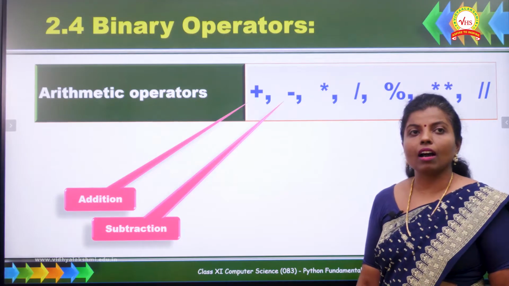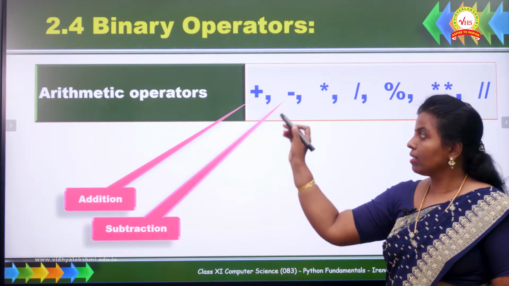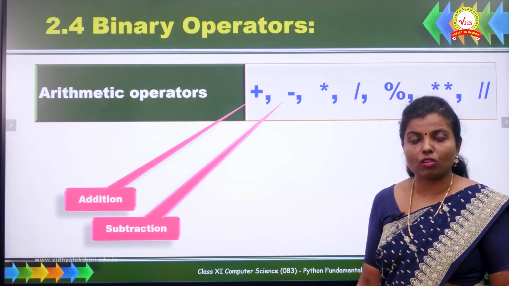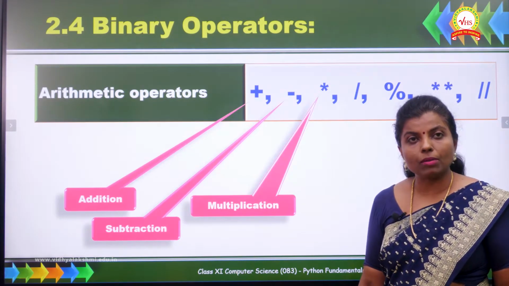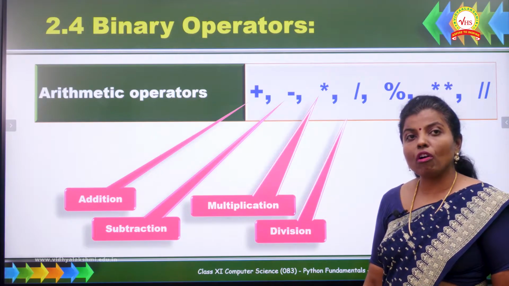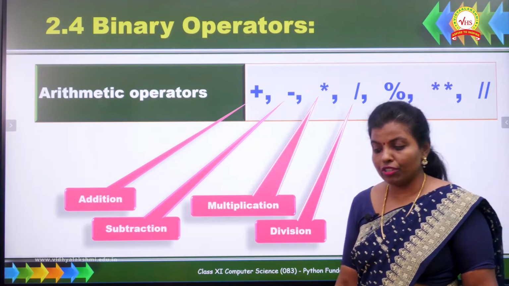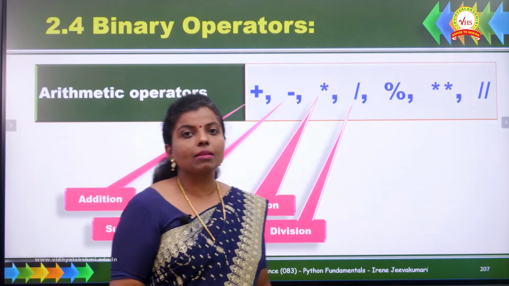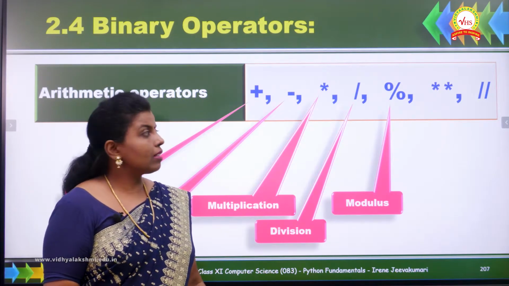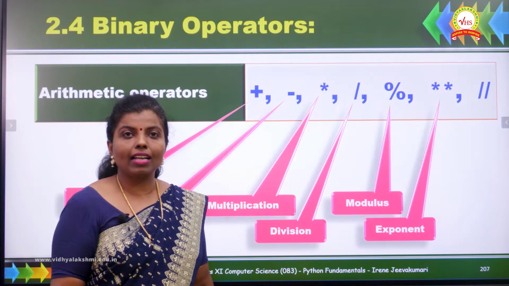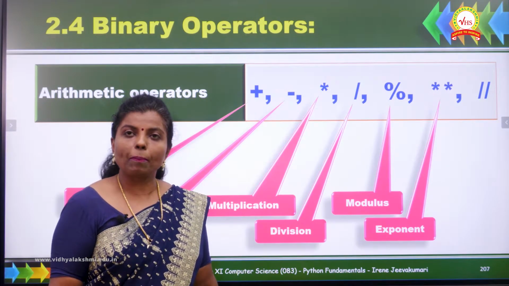Same as we have the subtraction operator, the minus symbol. This asterisk is referred to as the multiplication operator. This forward slash is referred to as the division operator. This percentage symbol is referred to as the modulus operator of Python. This double asterisk symbol is referred to as the exponent of Python.